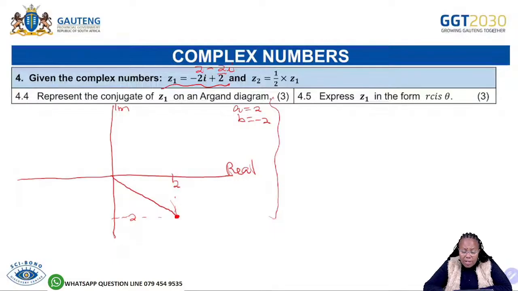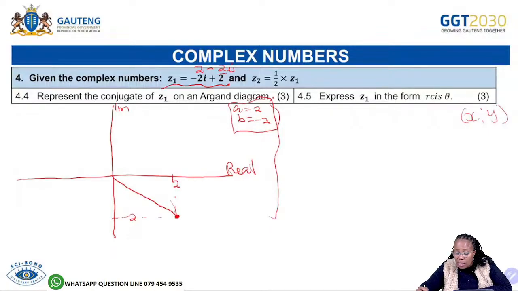And then express Z1 in the form R cis theta. Now we have a calculator method that you can apply to find this value. On your Sharp calculator, grade 12, you need your A value, which is equal to 2, and your B value being a negative 2. So you put in the 2 on the calculator, and then on your screen there is a button that is written X comma Y. Can you see that button?